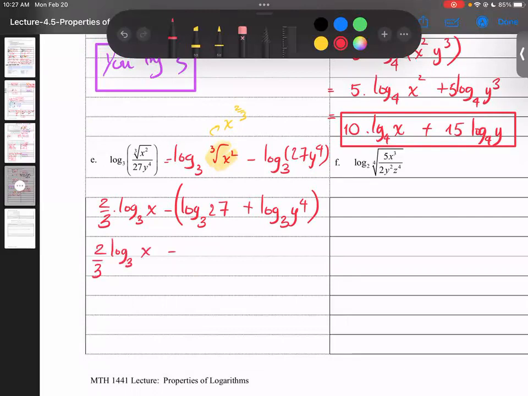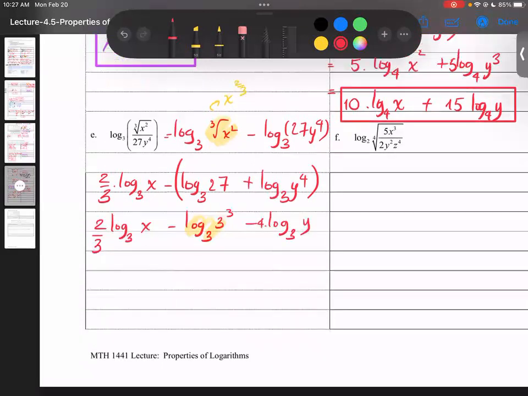Log base 3 of 27, I can rewrite it as 3 cubed, minus log base 3. Can I bring the 4 to the front as well? Yeah. And then log base 3 of 3 is just 1 here. If you want to rewrite to make it neater, you can.